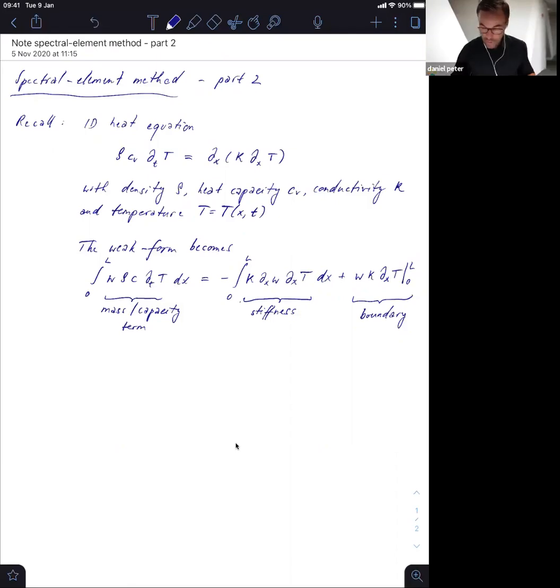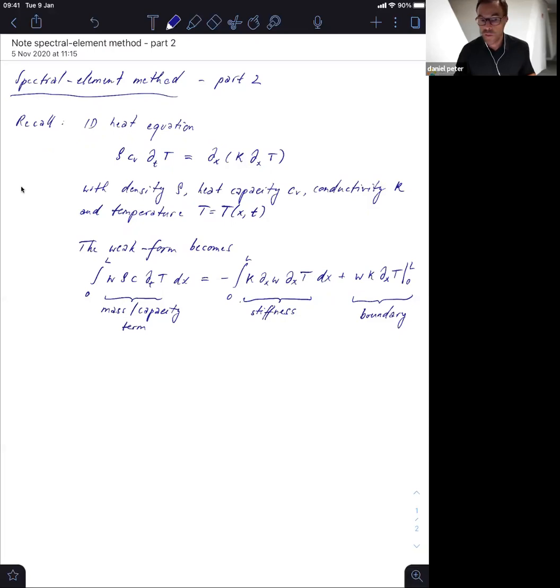So this summarizes the first part of the spectral element method that we looked into. And the first part is basically the very first step in the spectral element method. So we take the heat equation as example, and then write the weak form or the variational statement of the equation in the first step.